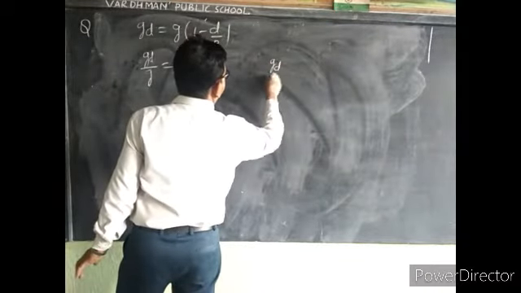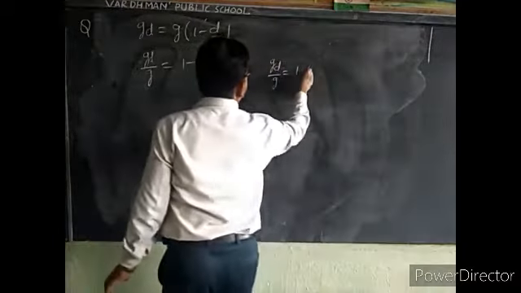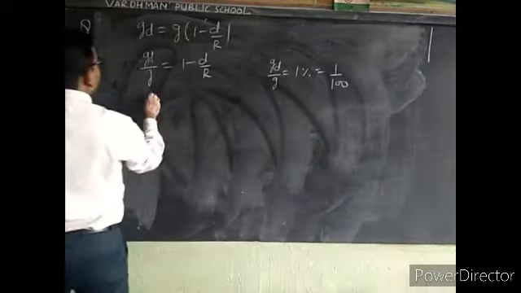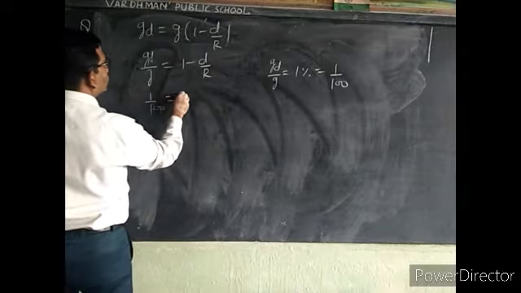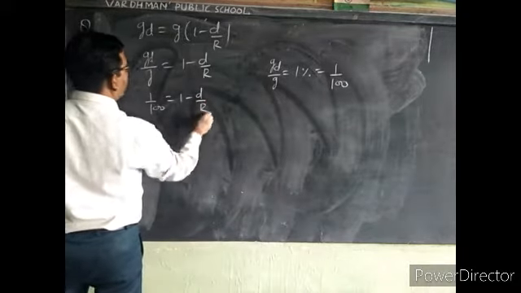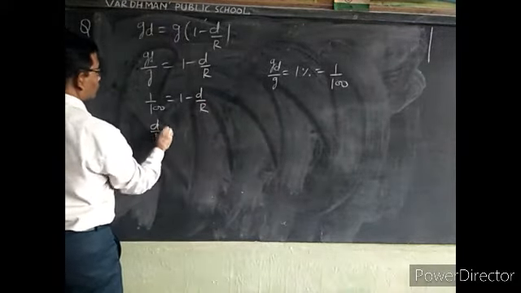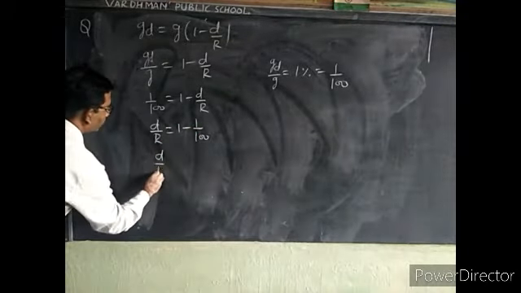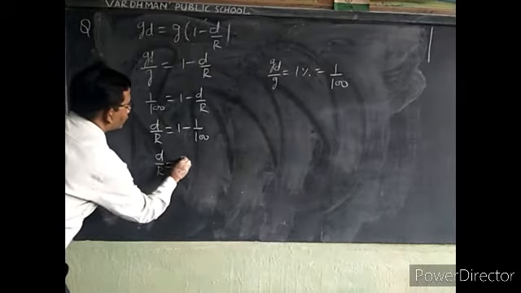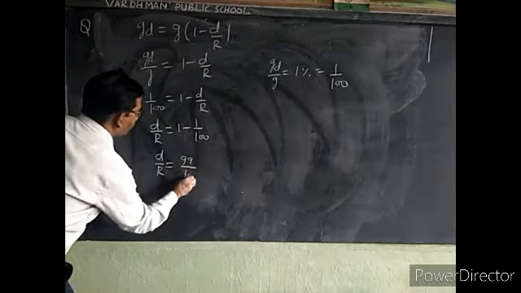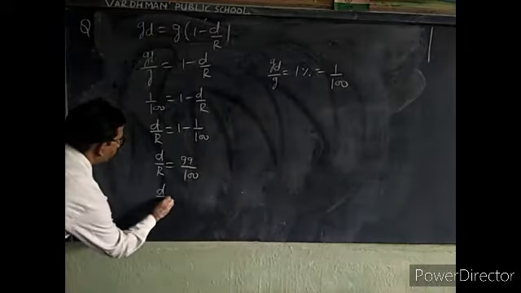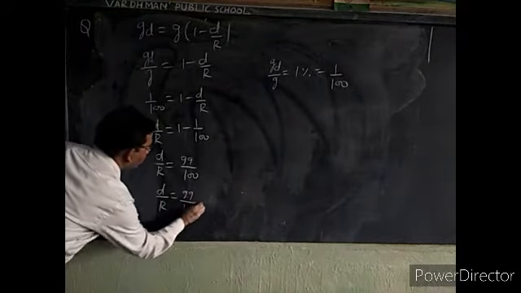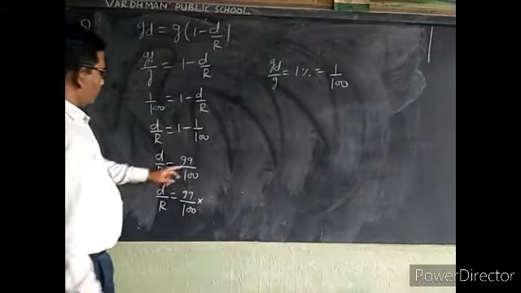So g_d upon g is equal to 1%, that is 1 upon 100. 1 upon 100 is equal to 1 minus D upon R. D upon R is equal to 1 minus 1 upon 100. D upon R is equal to 99 upon 100.